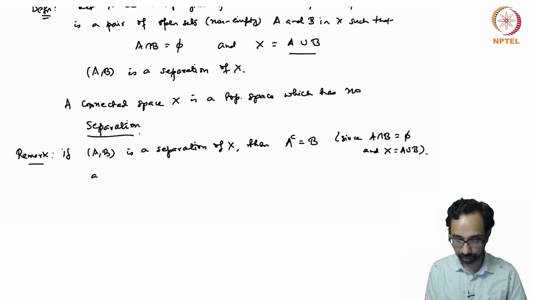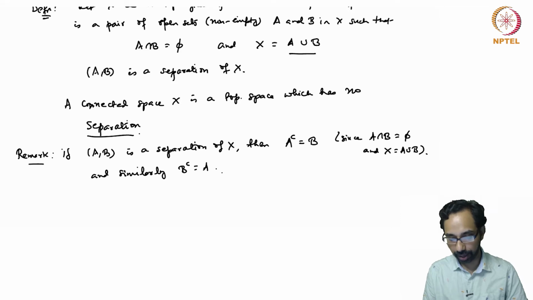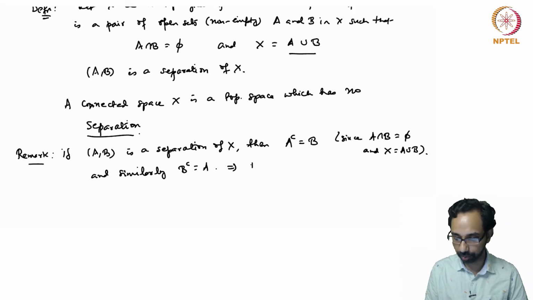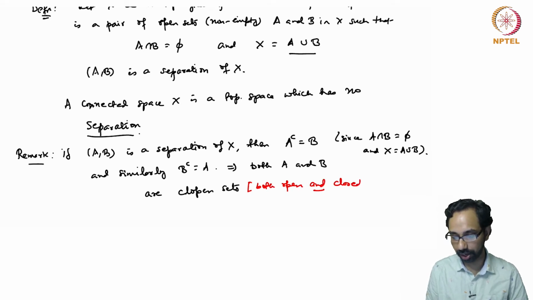And similarly B complement equals A. And now this implies that both A and B are what are called clopen sets. So clopen sets means that they are both open and closed at the same time.